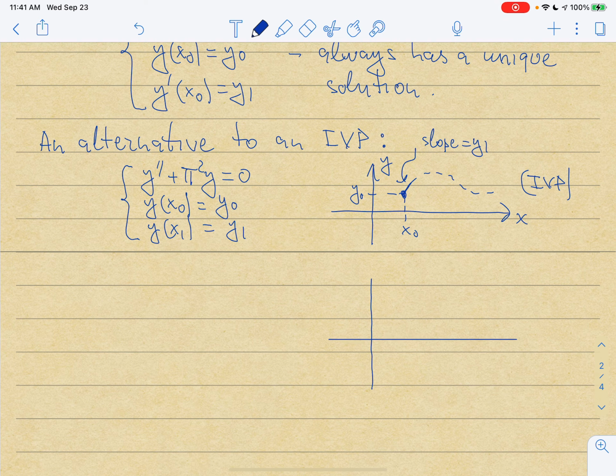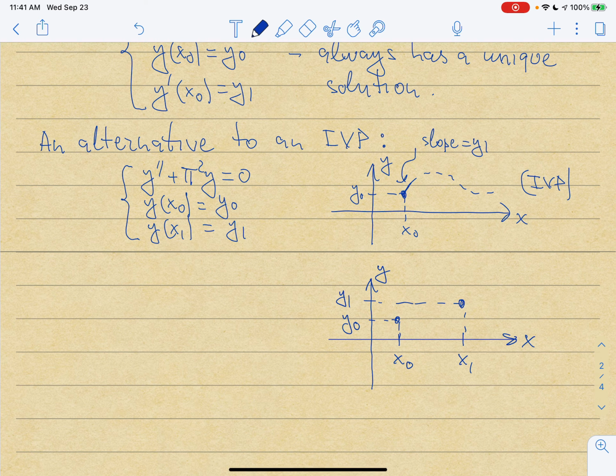Still, I have a set of axes, x and y. But now, I pick 2 points, x0 and x1. At one of them, the value is going to be y0. At another one, the value of the function is going to be y1.